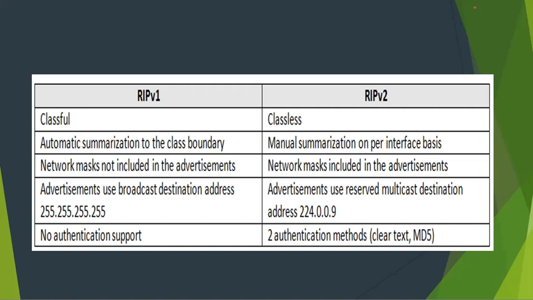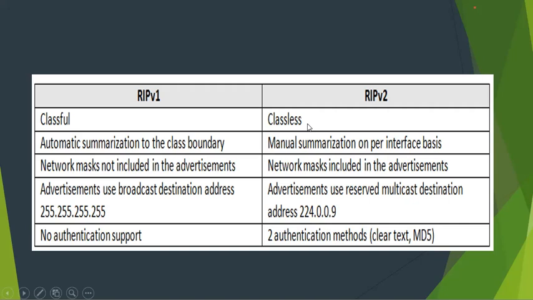But in case of classless, it will let you advertise the subnet mask. That is, you will be able to perform the variable length subnet mask, which is also called CIDR, which is nothing but classless inter-domain routing.